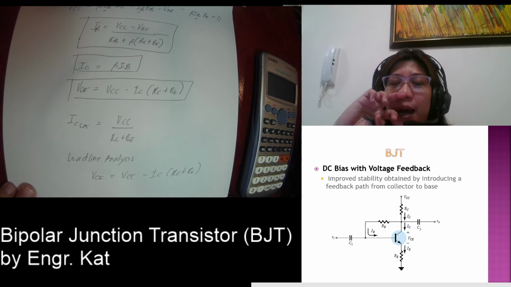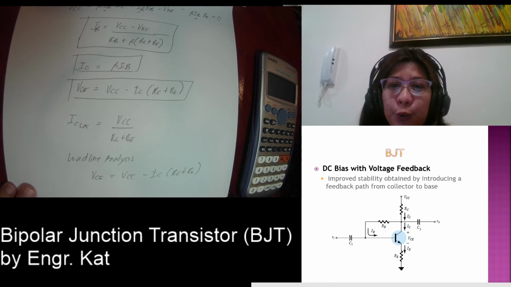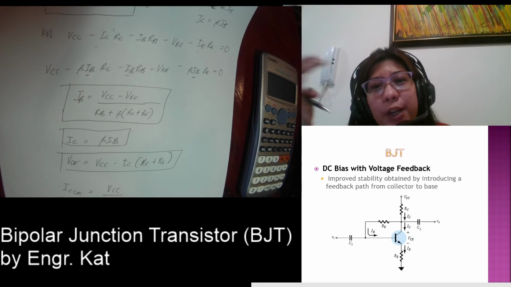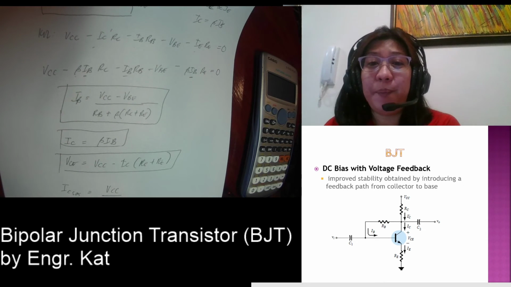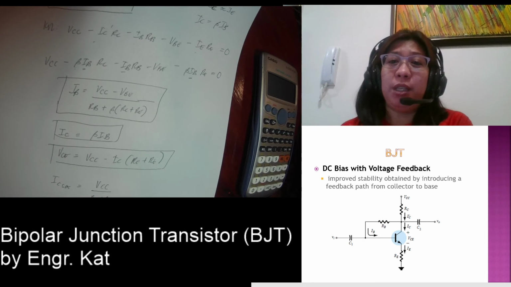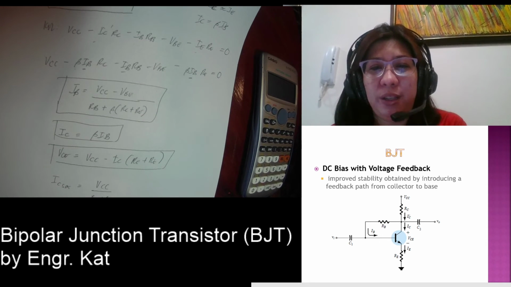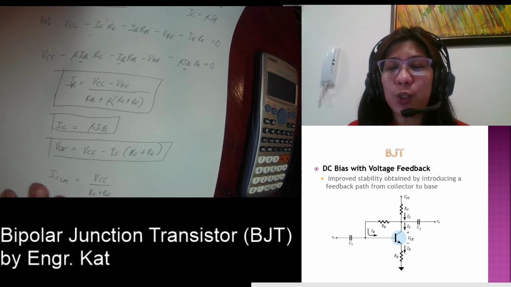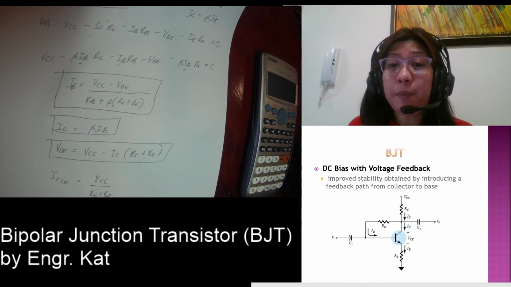So from the emitter stabilized to the voltage divider up to the DC bias with voltage feedback, the collector emitter loop shares the same procedure. So the process is the same. The only difference is on the input side. Okay, so what is the procedure? You solve for the base current.